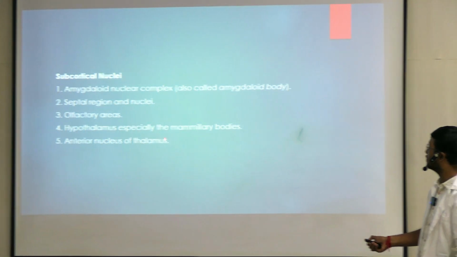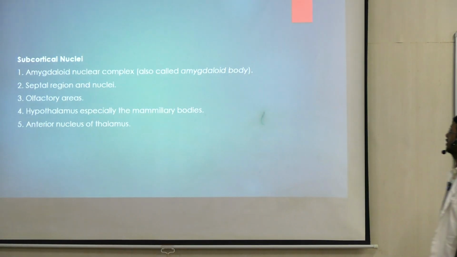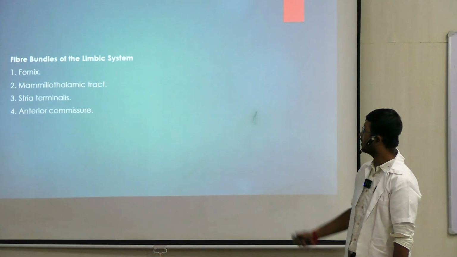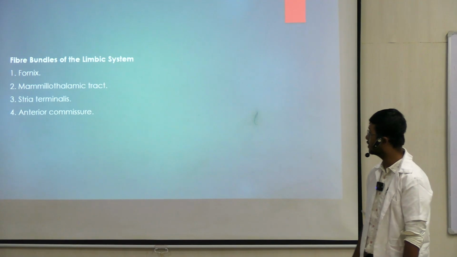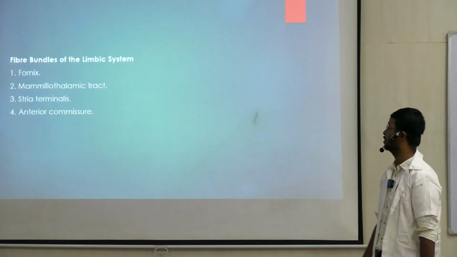Then hypothalamus, especially the mammillary bodies, and your anterior nucleus of thalamus. These are part of your subcortical nuclei of your limbic system. Then comes your fiber bundles of the limbic system. Here comes your fornix, mammillothalamic tract, stria terminalis, anterior commissure.